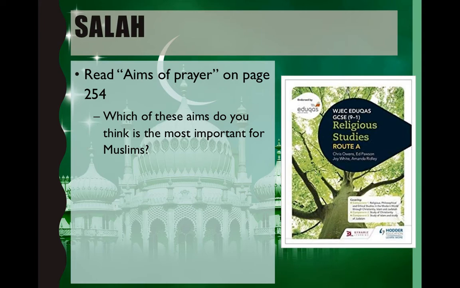The aims of prayer are a constant reminder of the presence of God, to show submission to the will of God, to cleanse away the corruption of the world, to unite all Muslims, which, because they're praying five times a day, all facing the same direction, saying the same words, gives them that real sense of community, to bring about peace in the world and to remove sins just as water removes dirt, so that symbolic action. And which one of those do you think is the most important for Muslims?